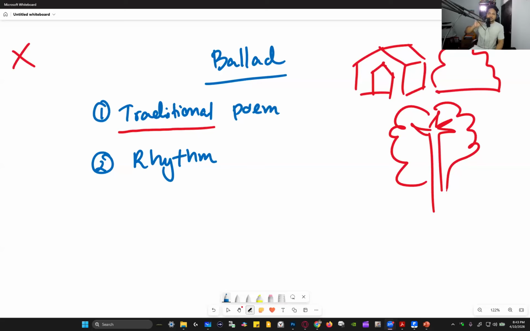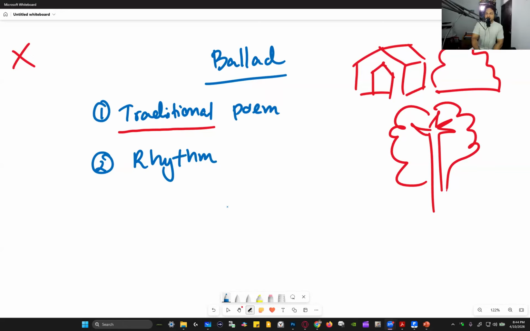Farewell to sever and show. That's a rhythm, right? Rhythm means there must be like a marching feeling. Farewell to barn and stack and tree. Farewell to sever and show. So there must be a rhythm.